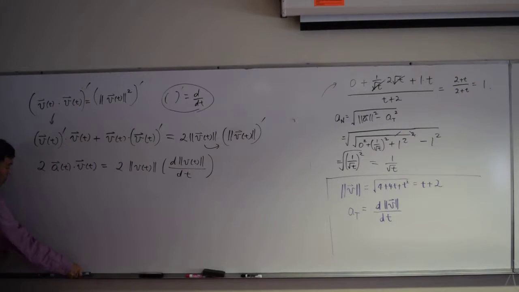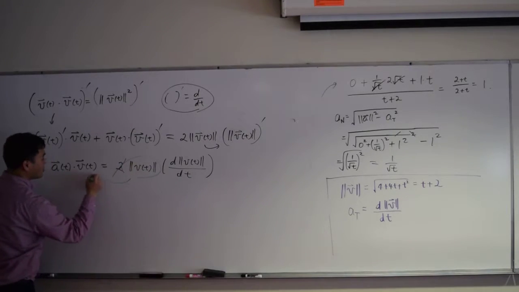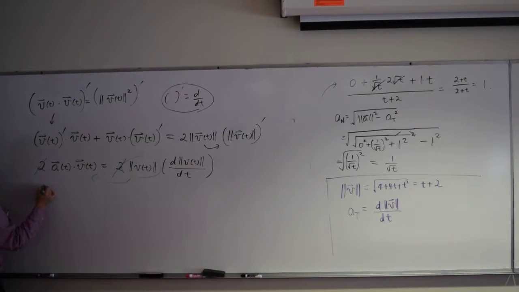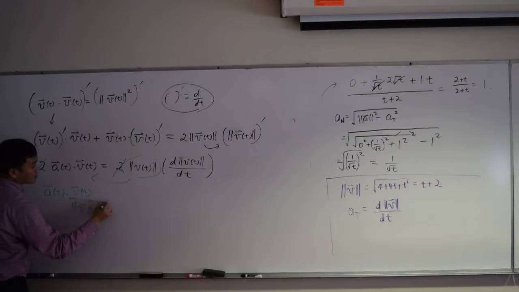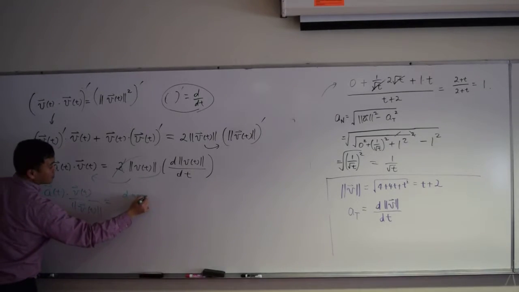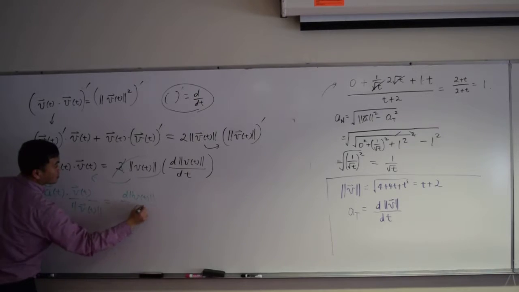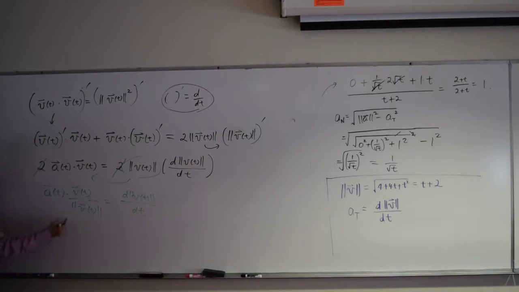Now cancel the 2's and then divide this over to the other side. Let's see what you get. What's this? The unit tangent vector, right? This is a unit tangent vector.